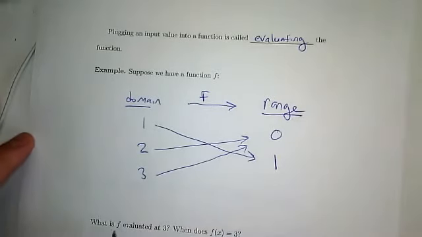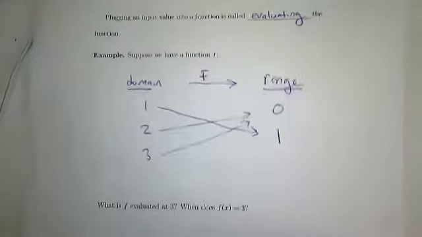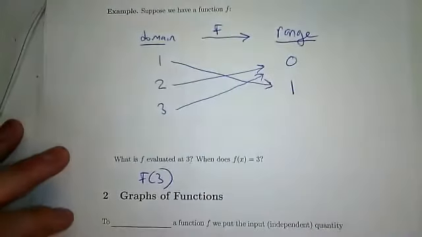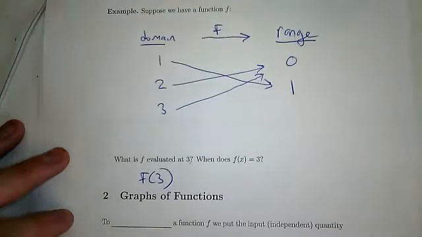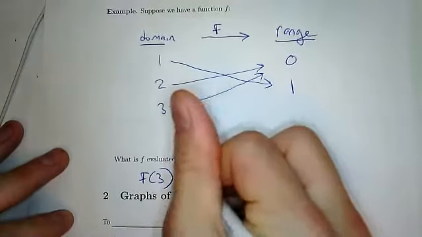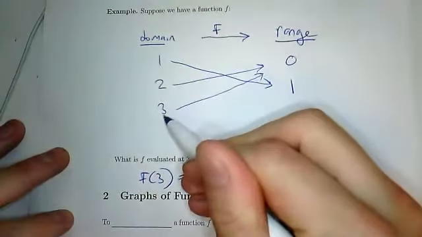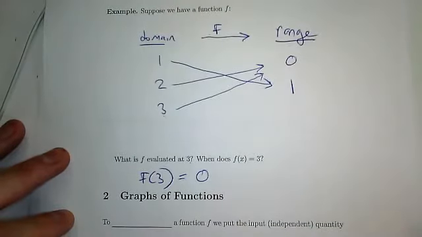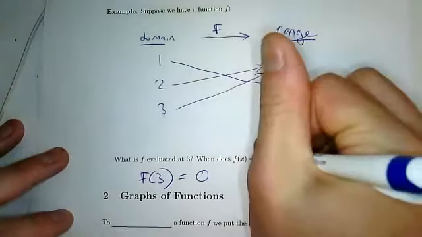So if I evaluated f at 3, what's f of 3 going to be? Would it be 0? Yep, exactly, because f maps 3 to 0. Oh, and let me change this.